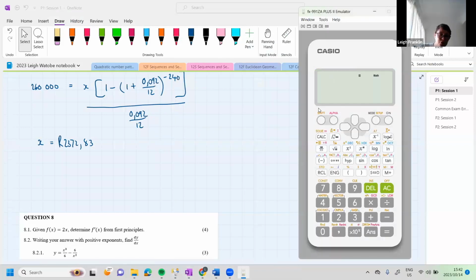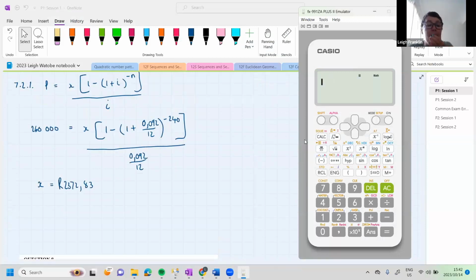Okay, so Josh, when you are putting this in, this is what you're going to do. First of all, you're going to say 260,000, and you're going to multiply that by your denominator, which is 0.092 over 12. Then you can press equals. Now you are going to divide by the bracket.